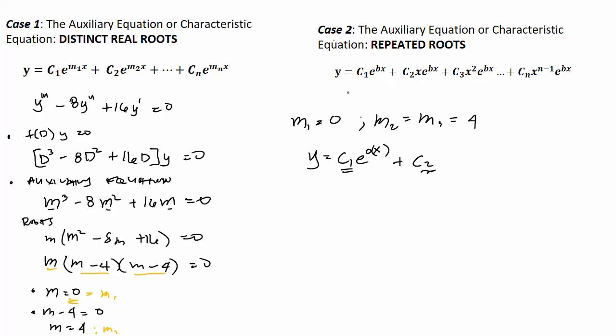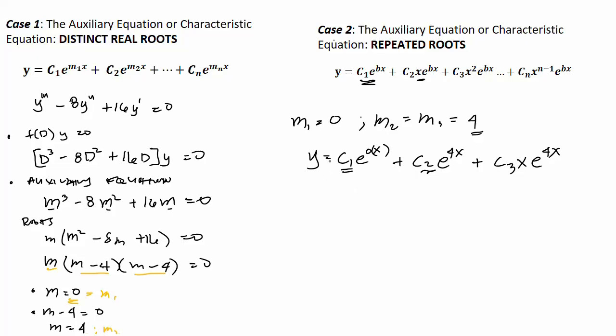Then since we have another root which is 4, start from this one but use c2 as another constant. So c2 e to the 4x plus this term with x. So we have c sub 3 x e to the 4x.